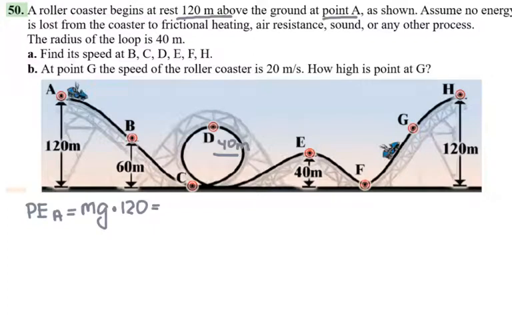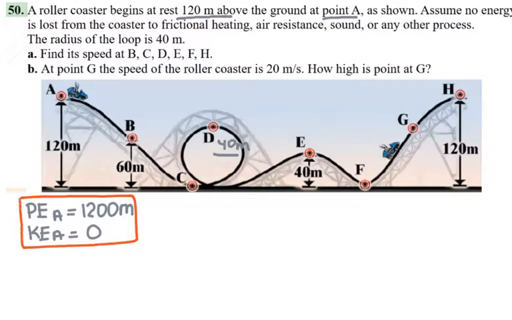So I have the potential energy equal to M times g times 120, which gives me 1200 M joules of energy. And the kinetic energy at A is equal to 0 joules. So this is my total mechanical energy. At every single point, I should have exactly the same amount, and mass M is not given.